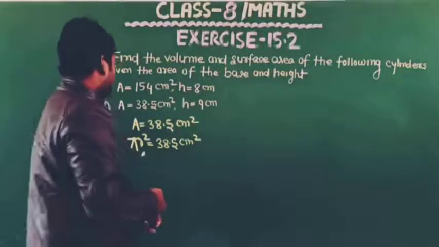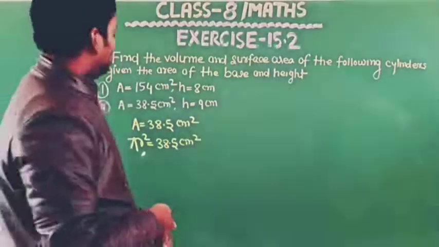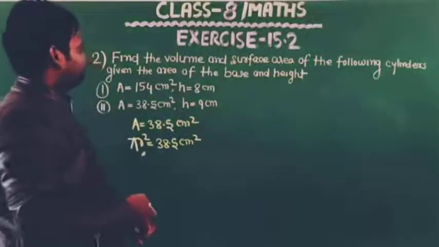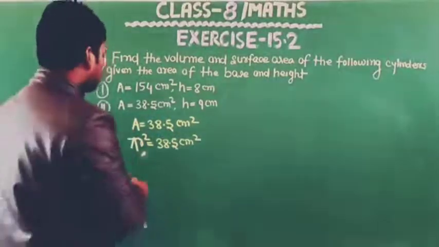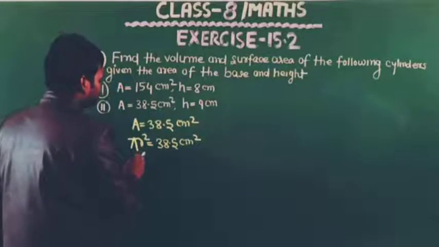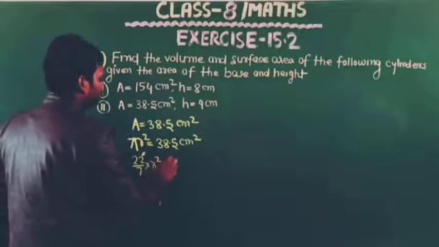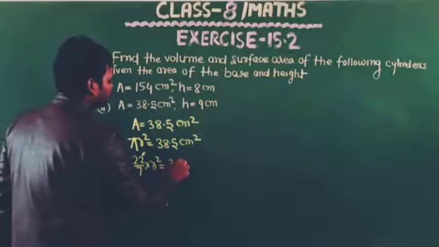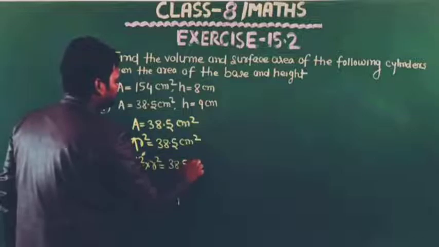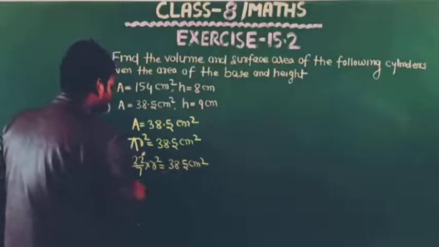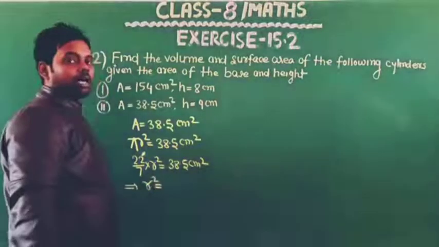Same as before, first I will find the radius of the base of the cylinder. So we substitute the value of pi, which is 22 by 7, into r square equal to 38.5 centimeter square.